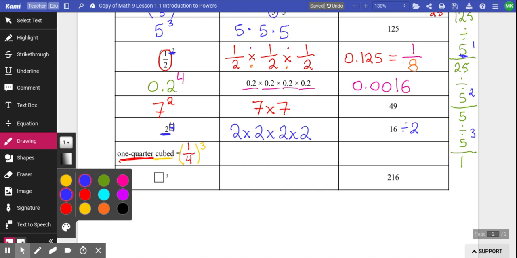In factored form, that means I would have 1/4 times 1/4 times 1/4. If you put 0.25 times 0.25 times 0.25, that's fine. I'll give you a second to write that down because that was a hard one.